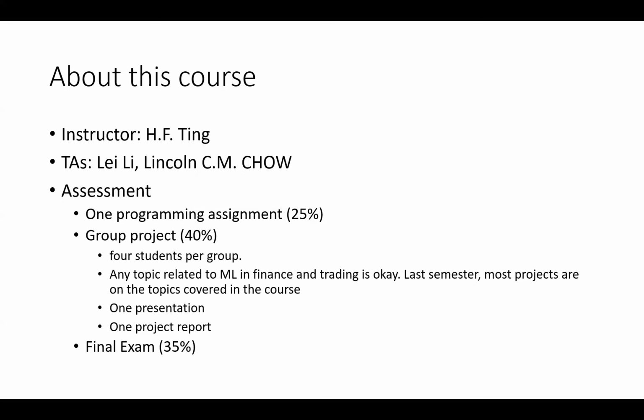Each group will choose a topic related to machine learning and finance and trading, and work for about 7 or 8 weeks. After that, each group will make a presentation, and each group will prepare one single group report.